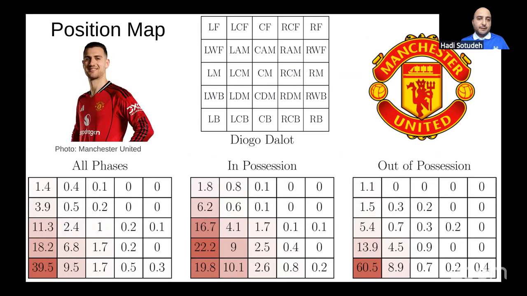We can do the same for the left back for Manchester United. We already said that he was really playing the defensive left back, but you can see that, while he was the defensive left back, the picture is totally different in position and out of position. Out of position, really sticking to the left back, but in position, he was covering a lot of different positions.